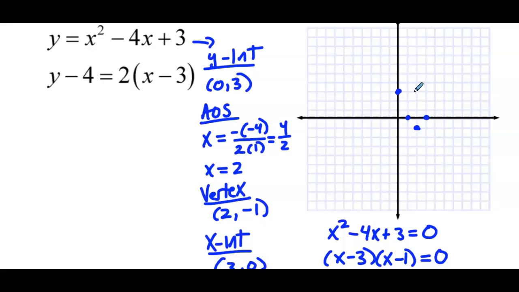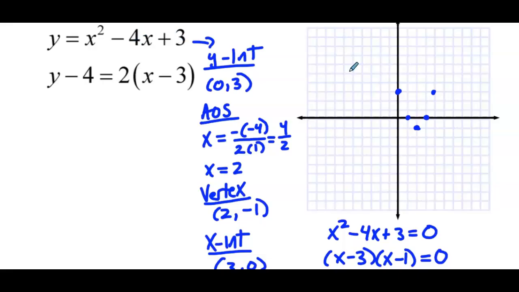The y-intercept is 2 to the left of the axis of symmetry, so we'll go 2 to the right. So we have the point 4, 3 on our curve as well. And let's get one more point for accuracy, so let's plug in negative 1. So we'd have negative 1 squared, which is positive 1. Negative 4 times negative 1 is positive 4, so 1 plus 4 is 5.